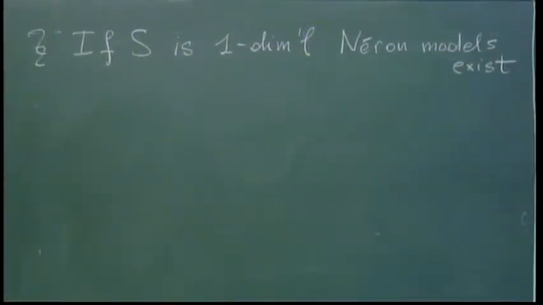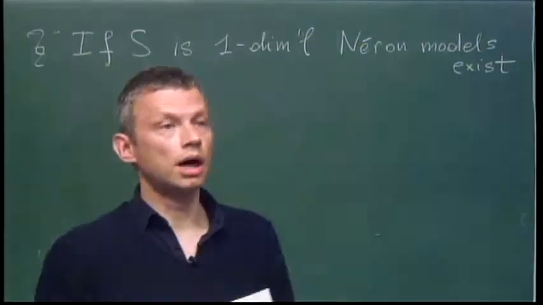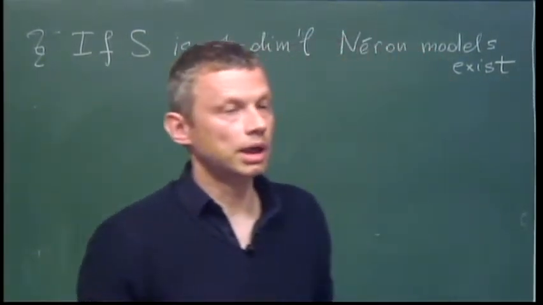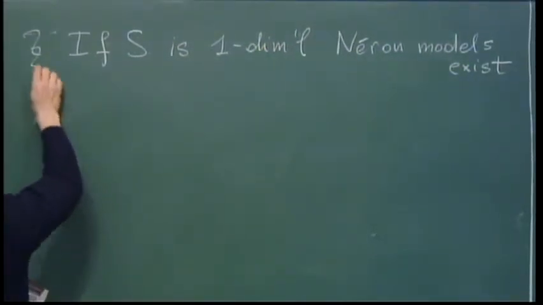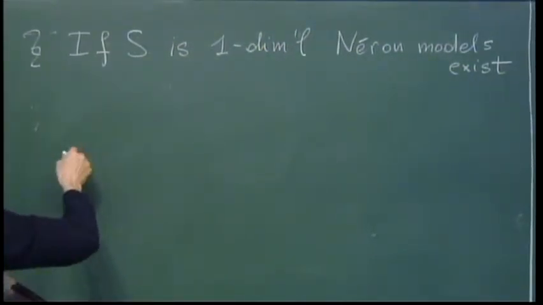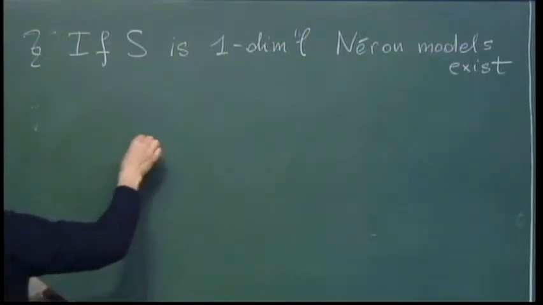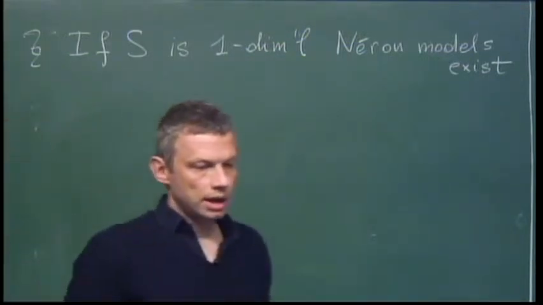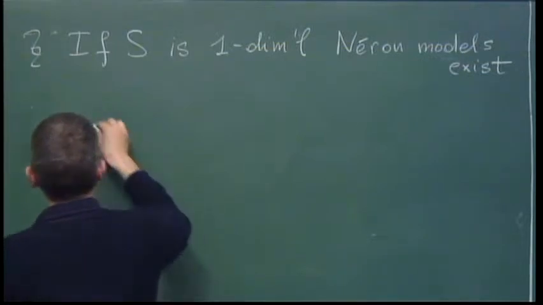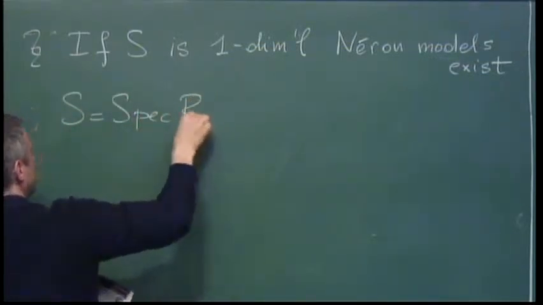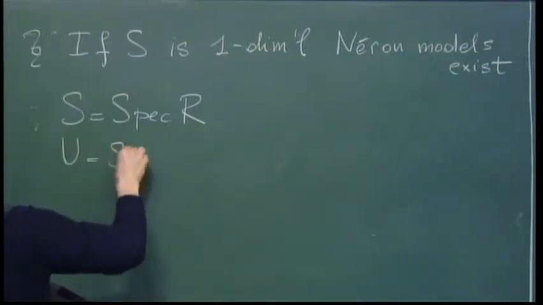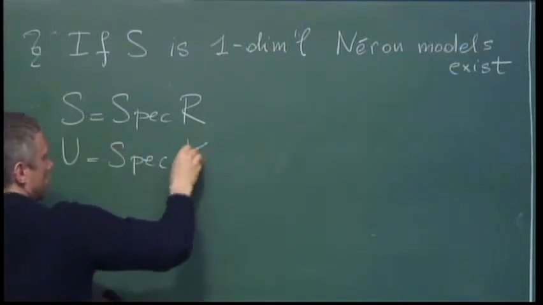Okay, and I'm going to do it in the case of the Jacobian. I'm going to quote, or rather explain, this theorem of Raynaud. So what I'm going to consider here is the case in which my S is Spec R, and my U is the spectrum of the field of fractions.